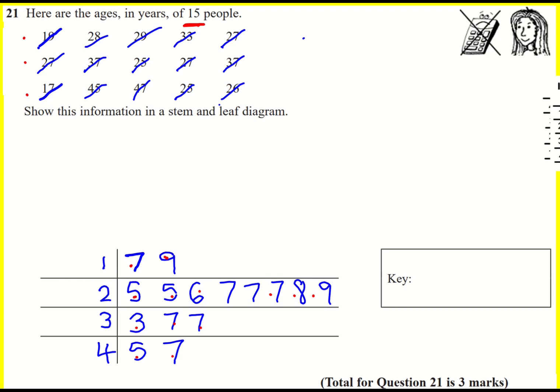Now, the next thing I need to do is the key. You need to show what these things represent. So I'm just going to pick the 20s: 2 followed by a line, followed by the 5, means 25 years old.